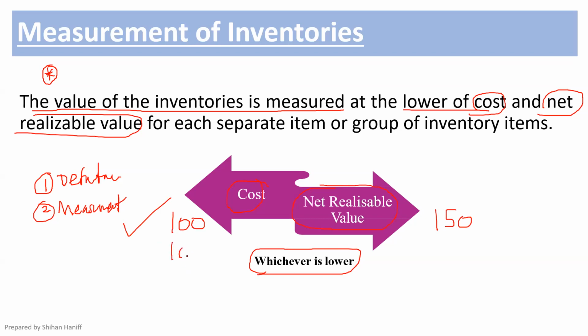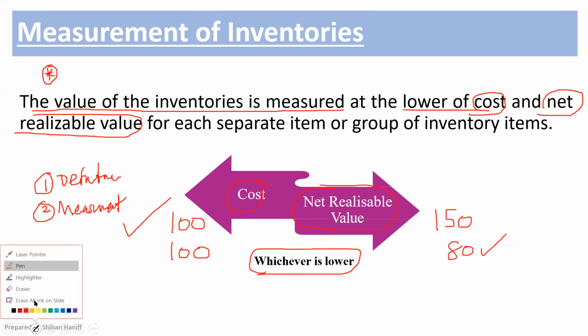If the cost is 100 and NRV is 80, then you have to take NRV as your inventory in the books. So the lowest amount only we have to take. Here 100, here it's 80. So when we prepare the financial statement, we have to take the lower of cost and NRV.